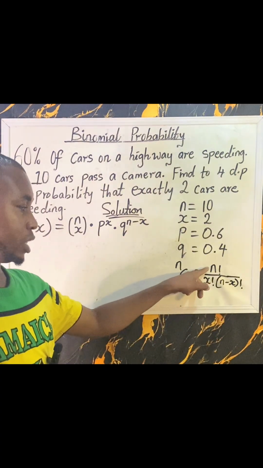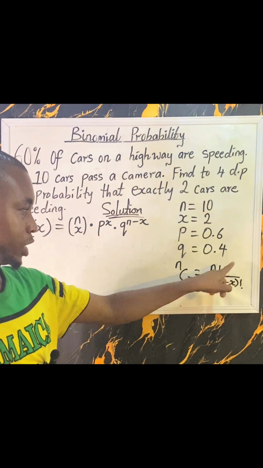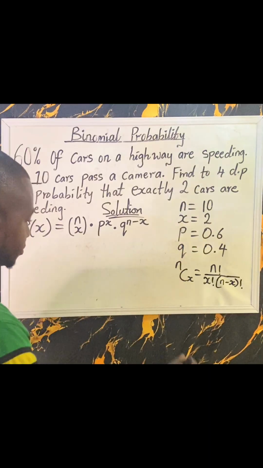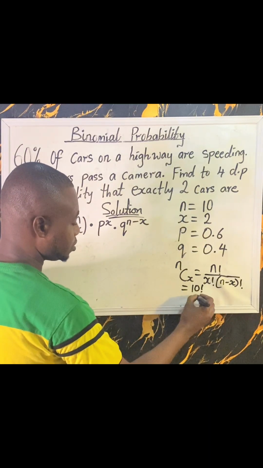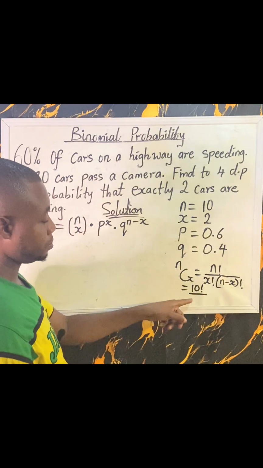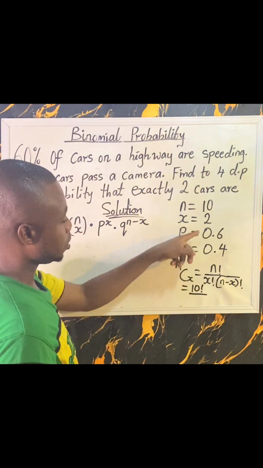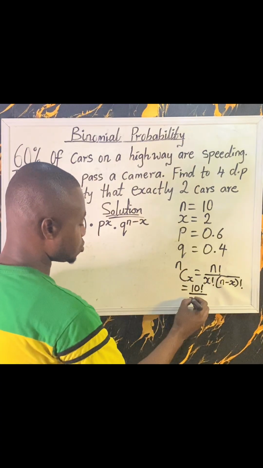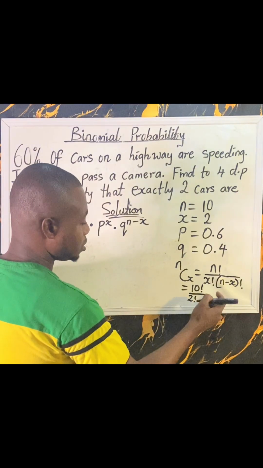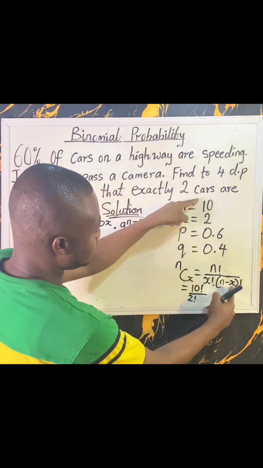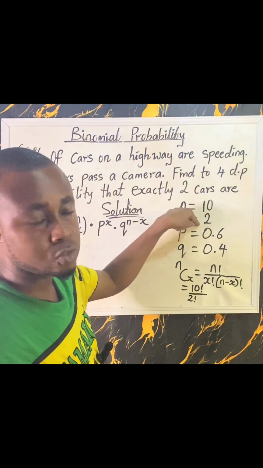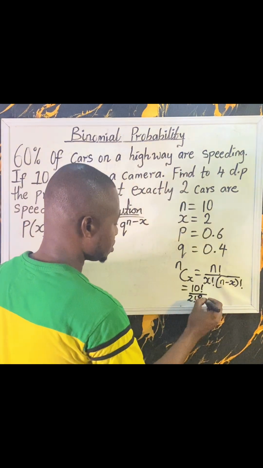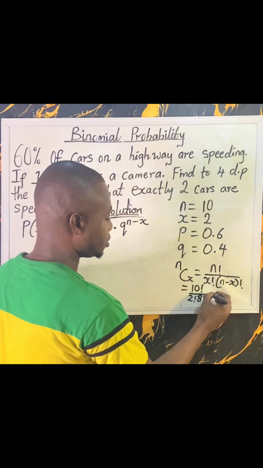And you know n is 10. So n factorial becomes 10 factorial. Then I have 10 factorial over x factorial, and x is 2. So x factorial means 2 factorial. Then n remains 10, x is 2, so n minus x becomes 10 minus 2, which is 8. Then bring down your factorial.